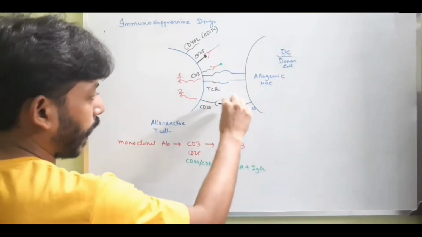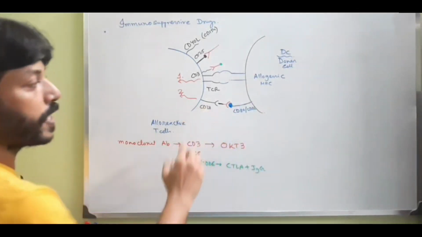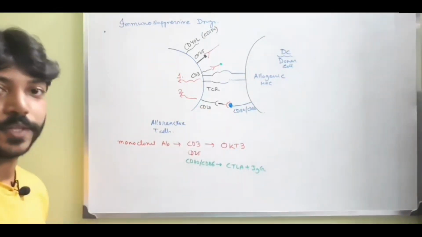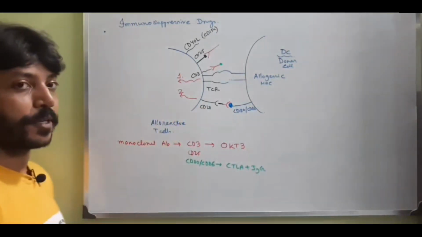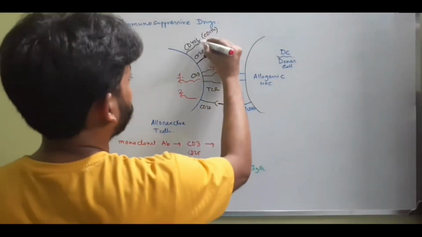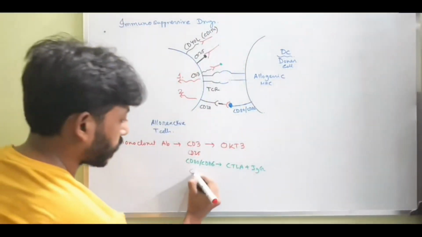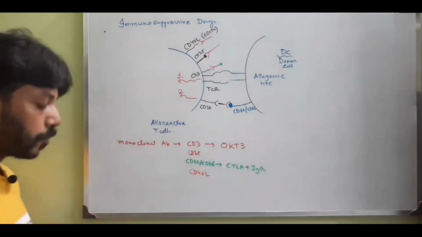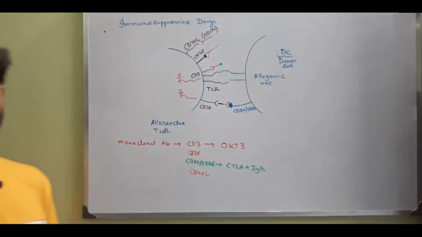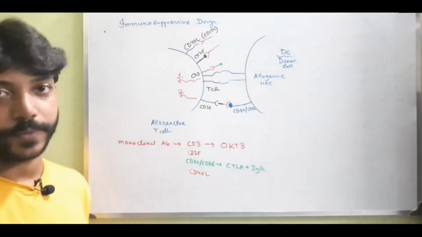When CTLA4 binds with CD80 and CD86, CD28 cannot bind with them. They are prevented, so this signaling can be prevented. Antibody against CD40L: they try to prevent any sort of signaling, so they discovered the CD40 ligand. And I want to share that there are also some side effects of these monoclonal antibodies.